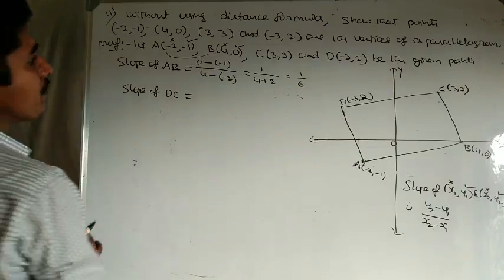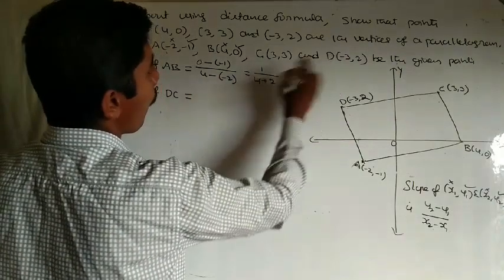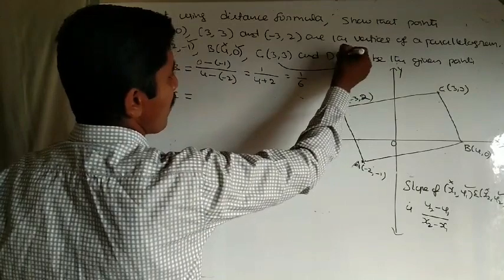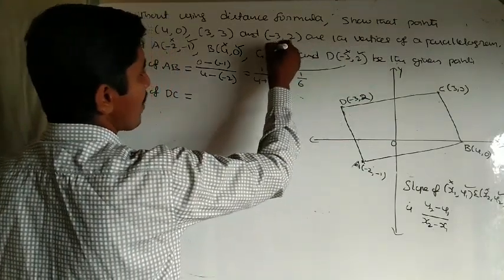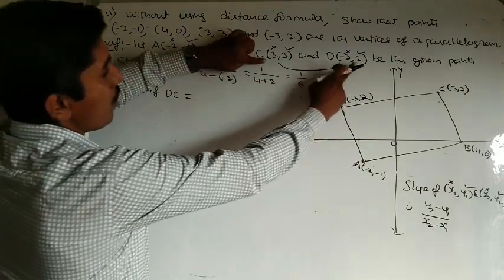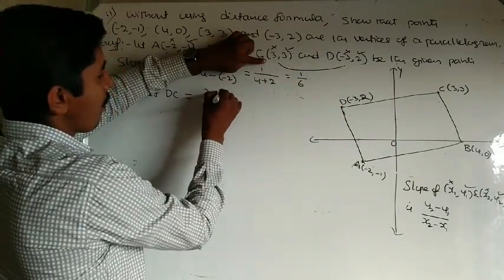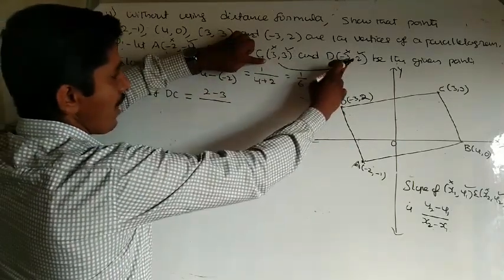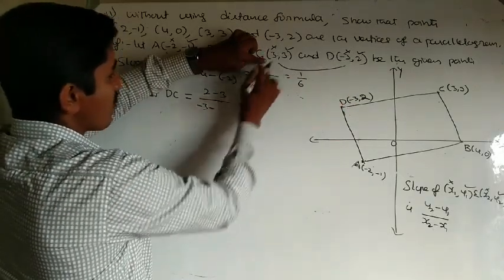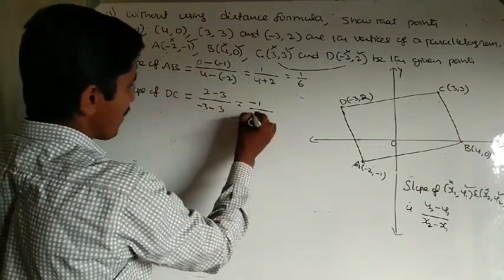Now find the slope of DC, or you can take the slope of CD. Here the y coordinate is 2 and the x coordinate is minus 3. Here the y coordinate is 3 and the x coordinate is 3. No problem. Y coordinate difference: 2 minus 3, divided by the x coordinate difference: minus 3 minus 3. That is minus 1 divided by minus 6.